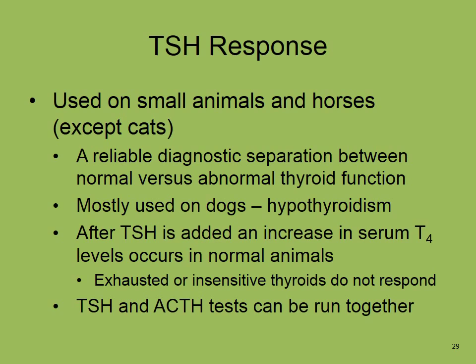So if our TSH is low and our thyroid hormone is low, well, this is not primary hypothyroidism, because the TSH is not begging the thyroid to produce more thyroid hormone, so something else is probably going on. However, if the TSH is really, really high, then that is indicating that the body is trying to produce more thyroid hormone and just can't. So that's a primary hypothyroidism.